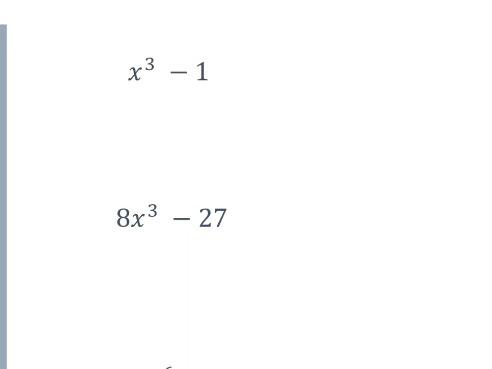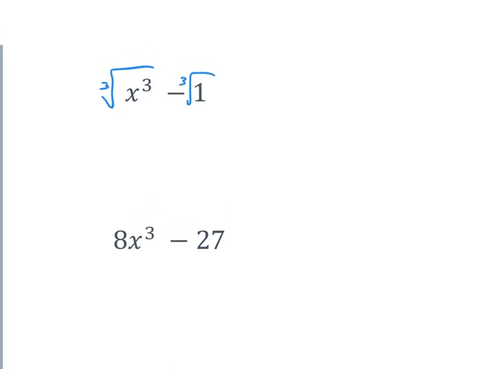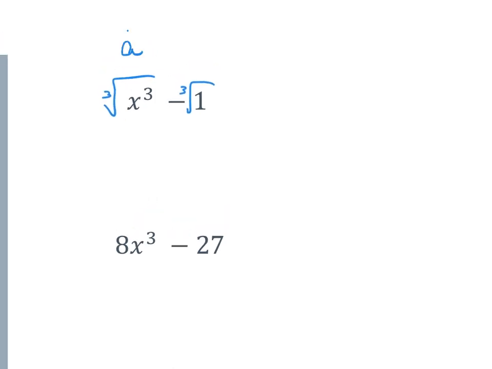So the process is to cube root both of the numbers. What I have right now is A cubed minus B cubed. Once I cube root it, my A value for my pattern is the cube root of x cubed, which is x. My B is the second number, and the cube root of 1 is 1.